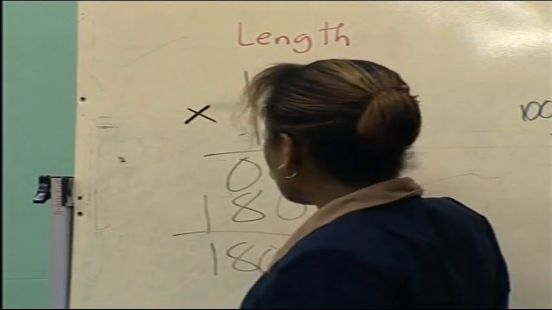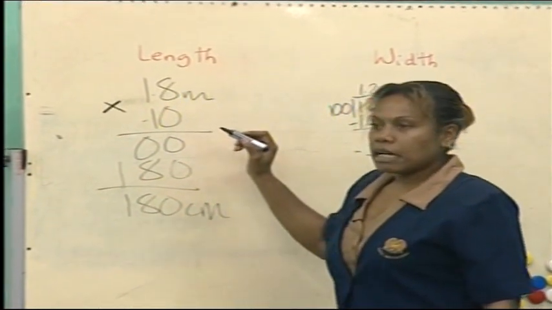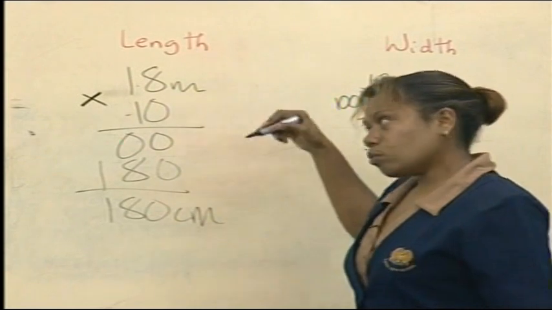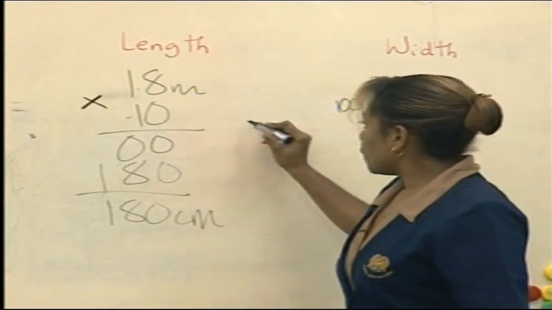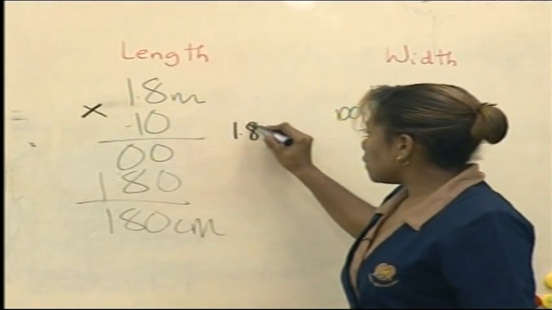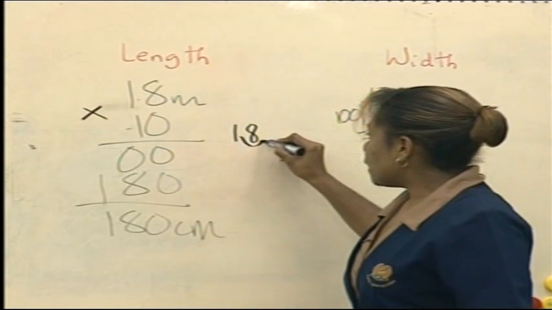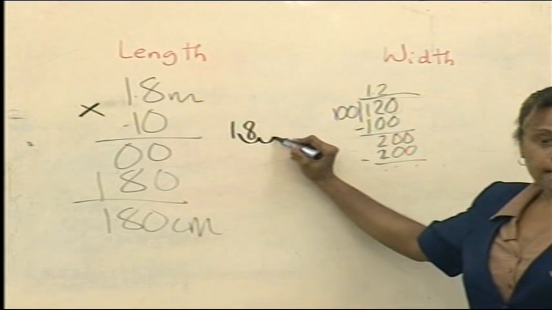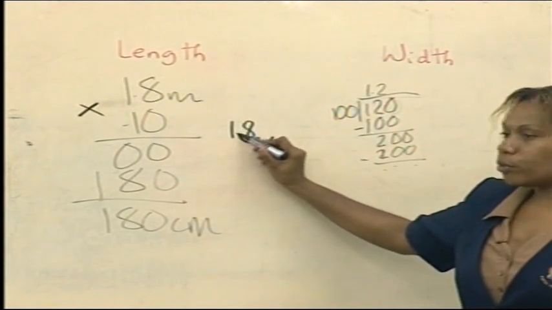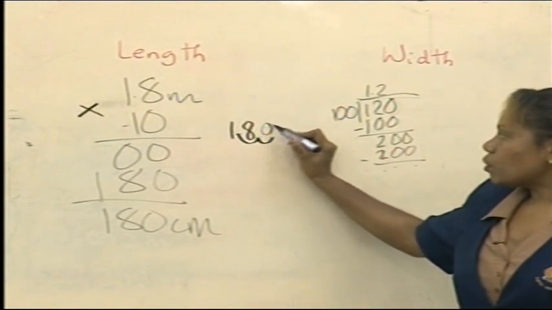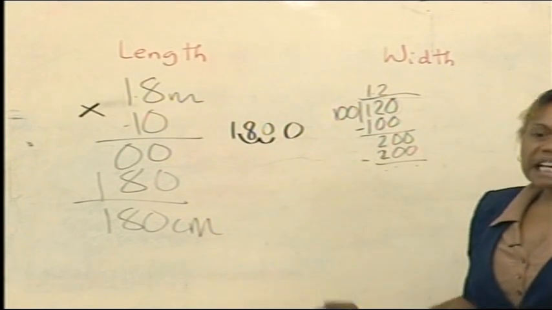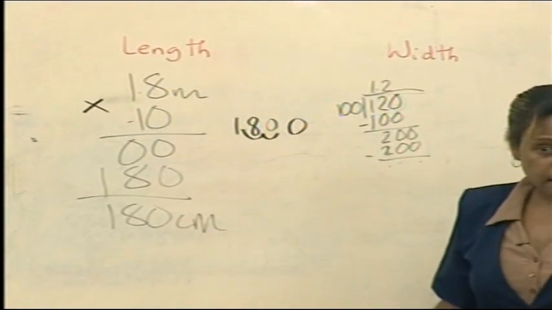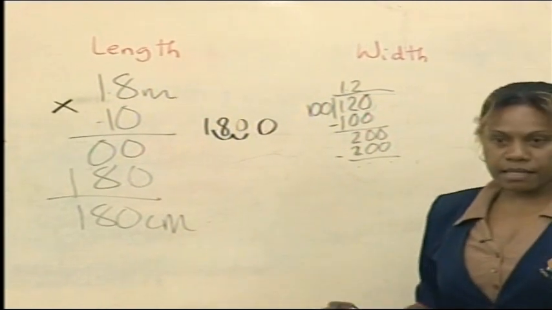Here you're going to move your decimal point. How many times? 2 times to the right. So 1.8, 1, 2. Okay, see class here? You're moving your decimal point 2 times, so 180 centimeters. Not 1,800, class, 180 centimeters.